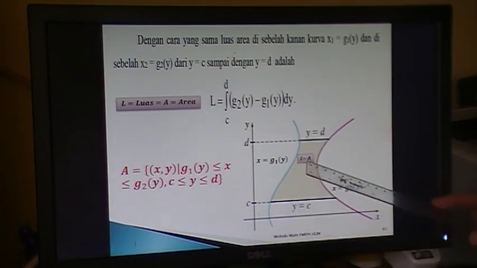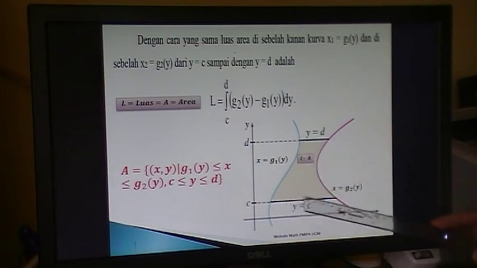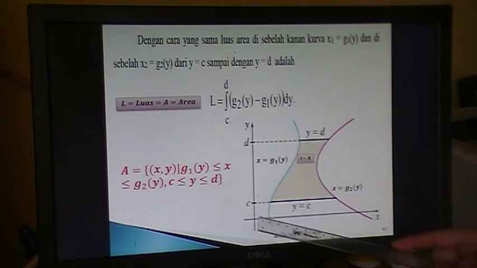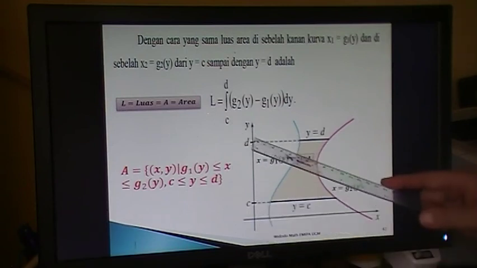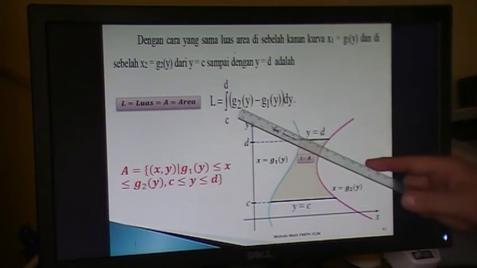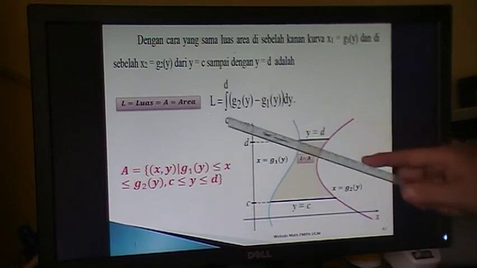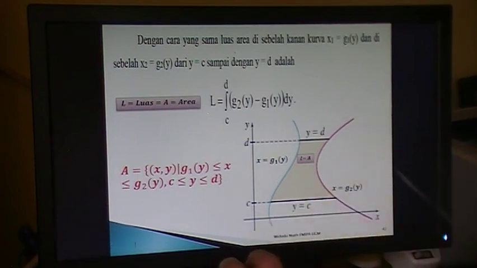We want to count the A, which is the area that lies between G1 and G2, which is actually the integral between C and D of G2, the right one, minus G1y, the left one, dy. So this is the formula if we want to count the area between two functions which is given in variable y.